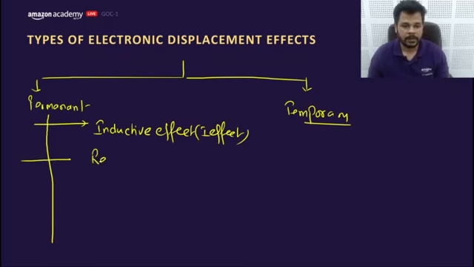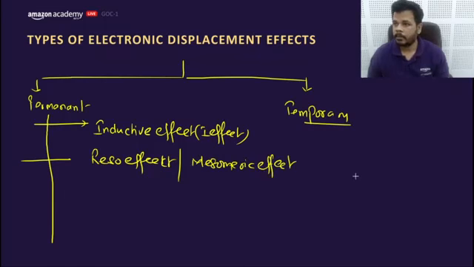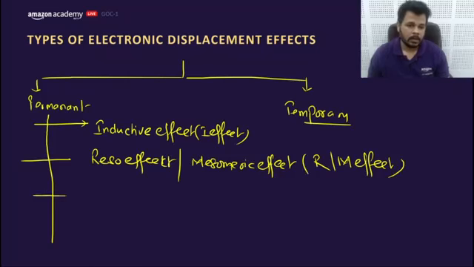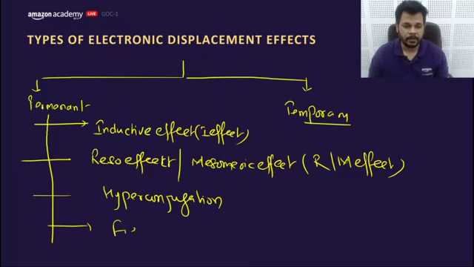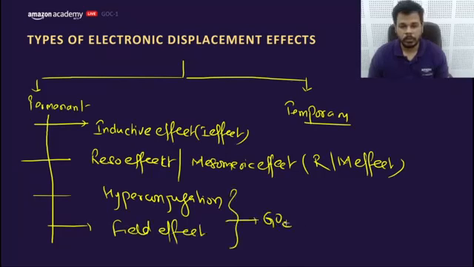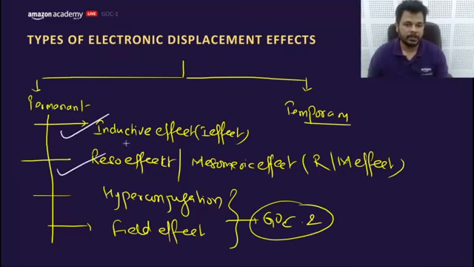Next is the resonance effect, otherwise called the mesomeric effect, or the R effect or M effect. Next is hyperconjugation, which is called the H effect. And lastly, the field effect. This we will study in GOC 2. Today we are going to study inductive and resonance.